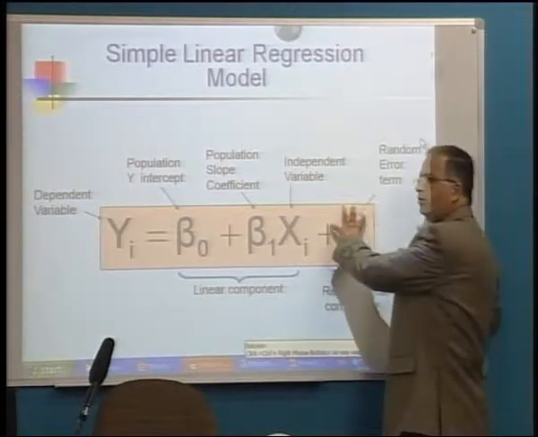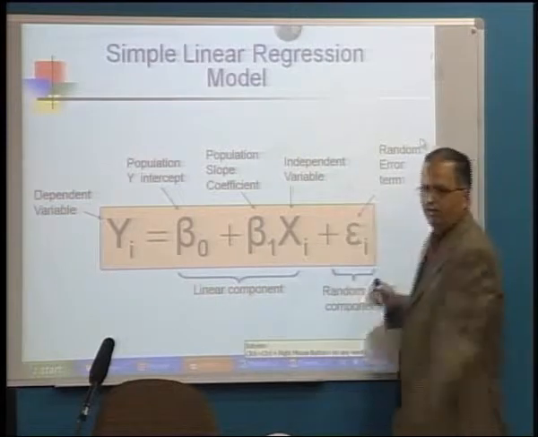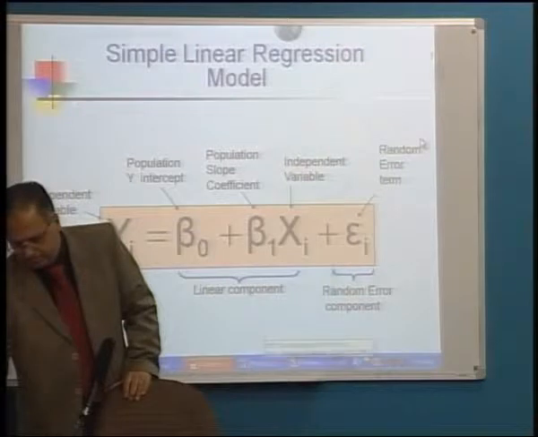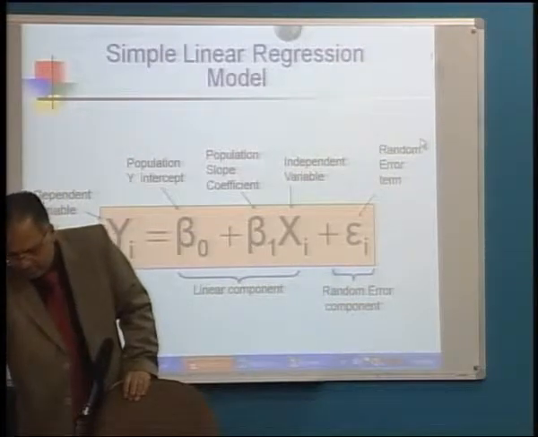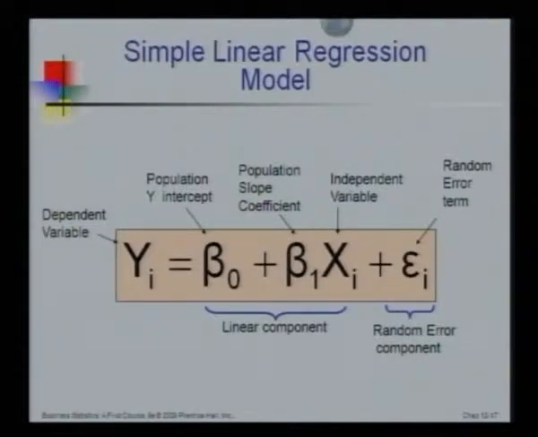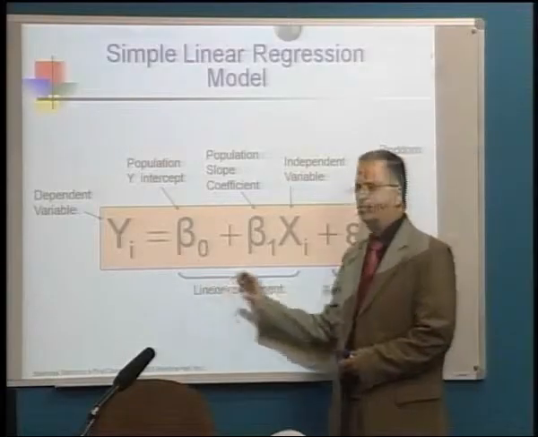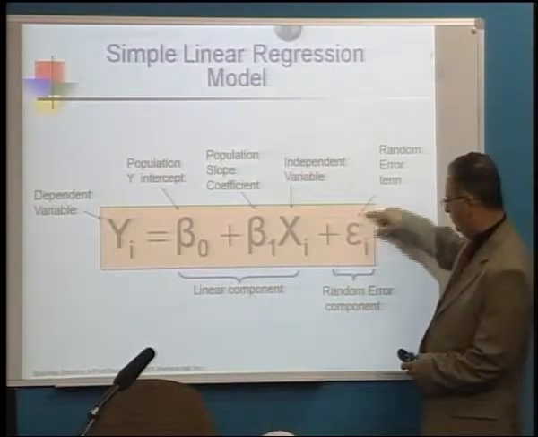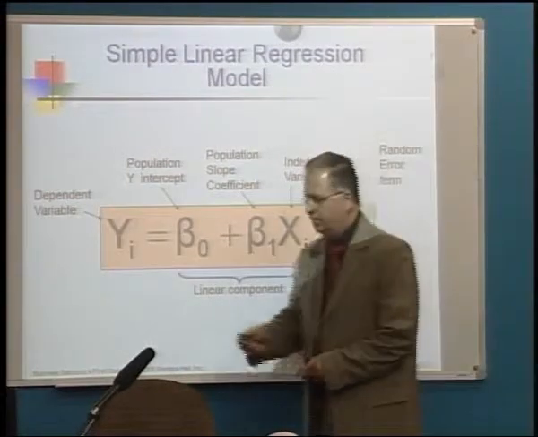This term will be ignored because the expected value for the epsilon equals 0. So again, linear component b0 plus b1 xi, and the random component is the epsilon term.